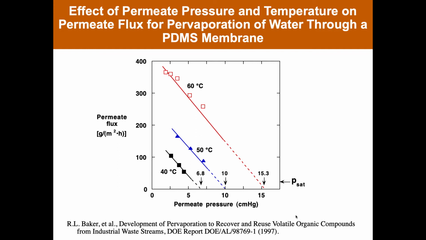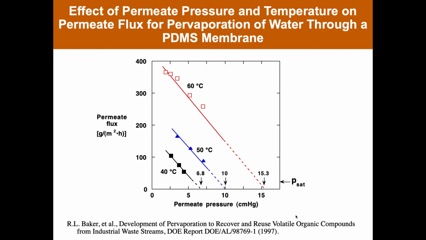And what's being plotted is the permeate flux as a function of the permeate pressure. And so the feed pressure will be atmospheric. It's just water, in some cases hot water, flowing past the silicone rubber membrane, and then on the downstream side, condensing the water vapor product at various permeate pressures.